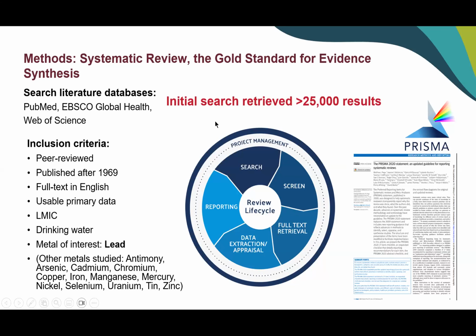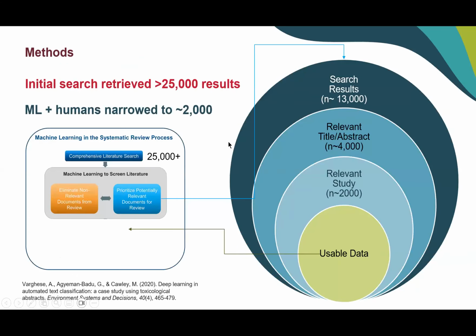But as I mentioned, our initial search returned more than 25,000 results. So we worked with some wonderful librarians at UNC's Health Sciences Library to train a machine learning tool that they've previously published to help identify and eliminate non-relevant documents so that we could prioritize the results most likely to be relevant. That reduced our 25,000 search results to less than half, about 13,000.